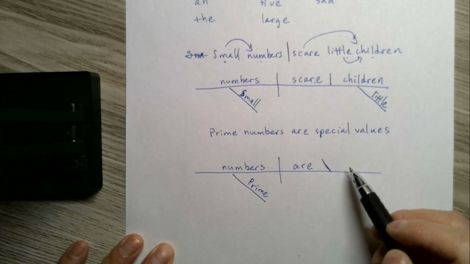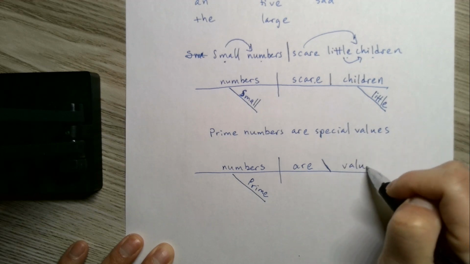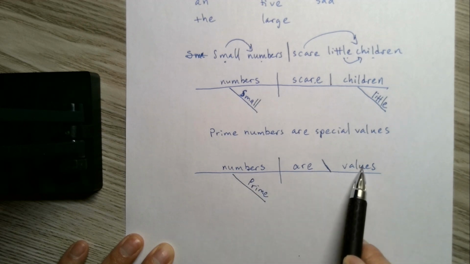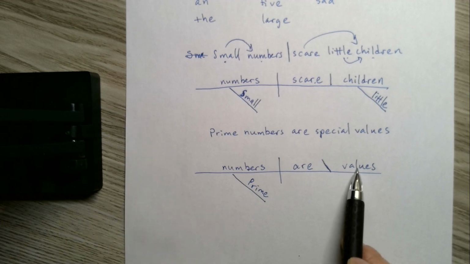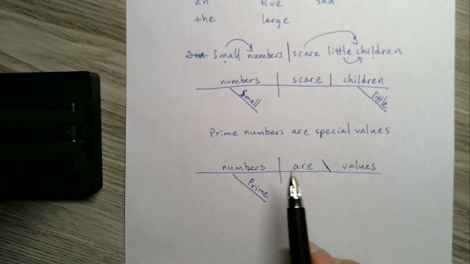In this case, it'll be a predicate nominative because the numbers are values. And values is, in this case, sort of a parallel noun for the numbers. It's not a descriptive noun of the numbers. They're not like happy numbers or sad numbers. The numbers are values.